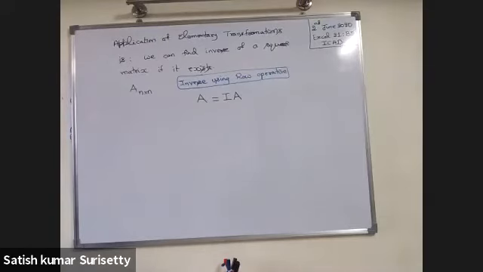So write, all of you, A equal to I into A. Apply the row operations on the left side of matrix A.